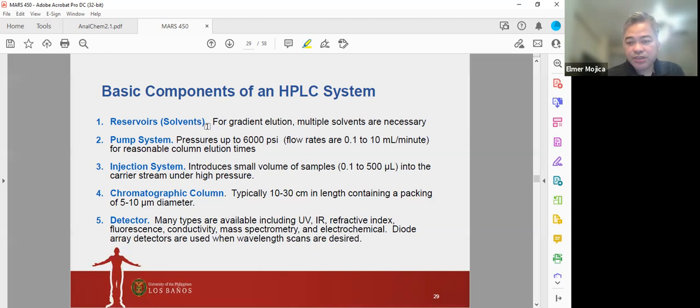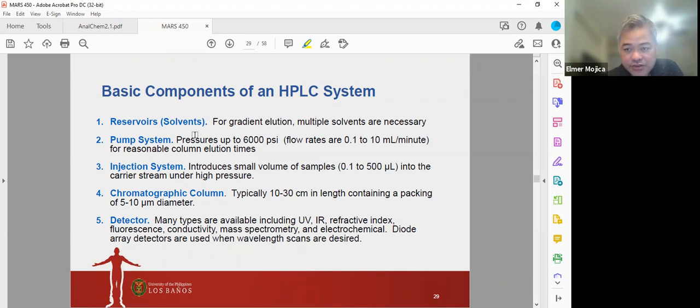Now, the solvent can only be carried using the pump system. So you have pumps that would give you pressure up to 600 PSI, and they are the ones that will carry the mobile phase, and the mobile phase would contain your sample.